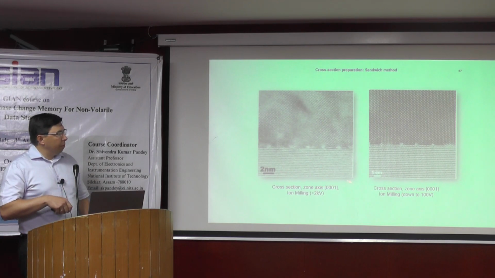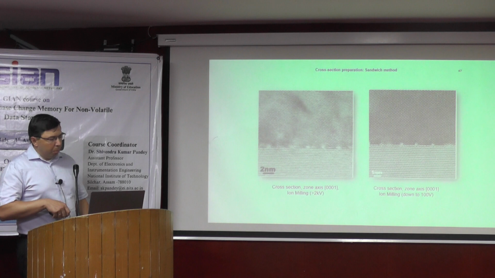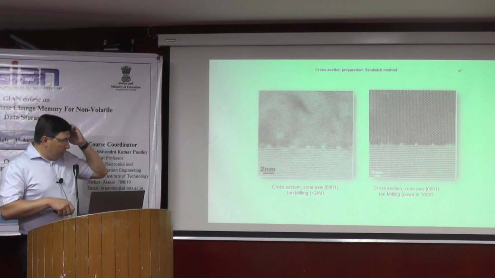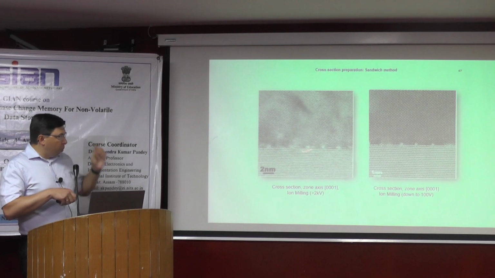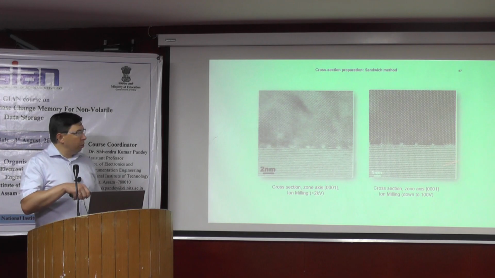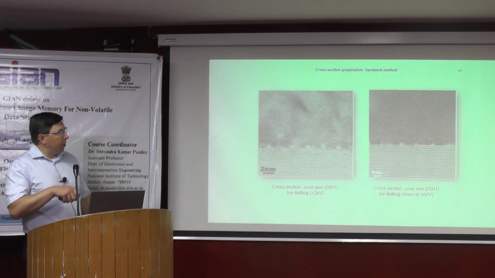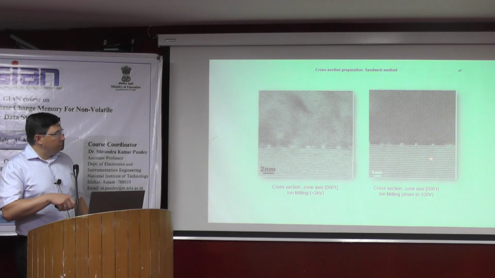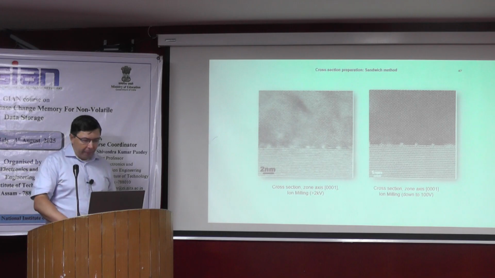Then if you use the ion beam milling at very low energy, like 100 electron volts, you can polish the surface of your specimen, reduce the thickness, and then get better resolution. So you see here some defects at the interface, and you see clearly the ledges of your thin film.